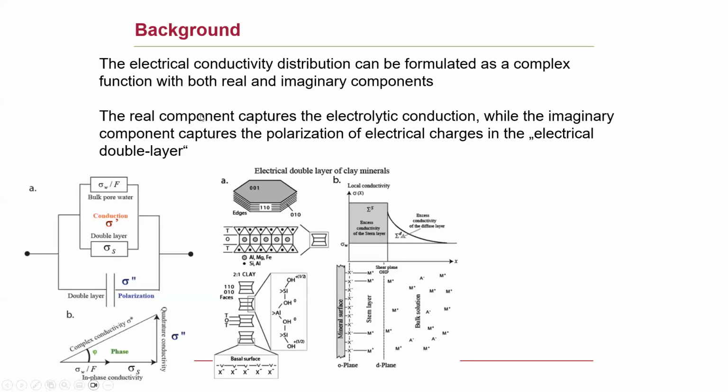Now, what I want to point out is that the real component captures the electrolytic conduction, which is the movement of charges through fluid in soil, while the imaginary component reveals how much charge is stored within the electrical double layer. The electrical double layer of a soil is what you find when you look at the soil grains: between the fluid and the grains, you have charge accumulation on the surface.